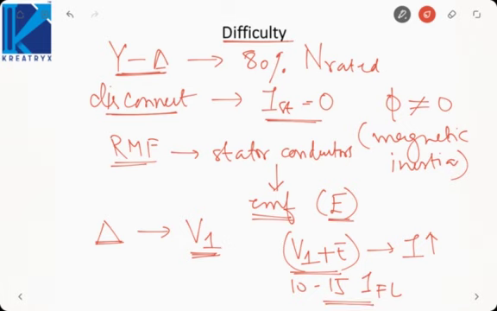Okay, so that is the difficulty in the star delta starter. That is, when we switch from star to delta, EMF will be induced in stator winding, and if it is in same phase with the applied voltage, high currents will be circulated in the stator winding. So I have to devise some method in which I do not have to disconnect the winding while going from star to delta. If I do not disconnect the winding, then there is no EMF induced and there are no high currents induced in the stator winding.